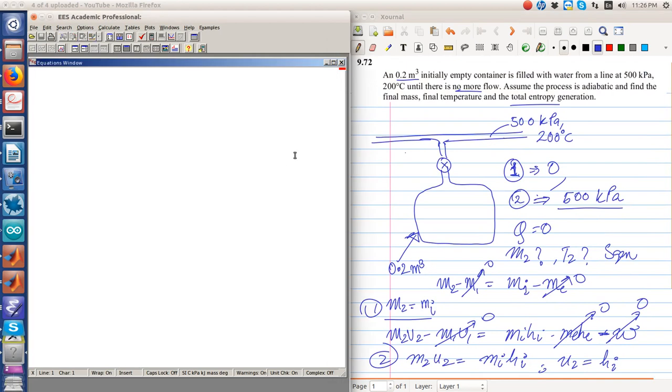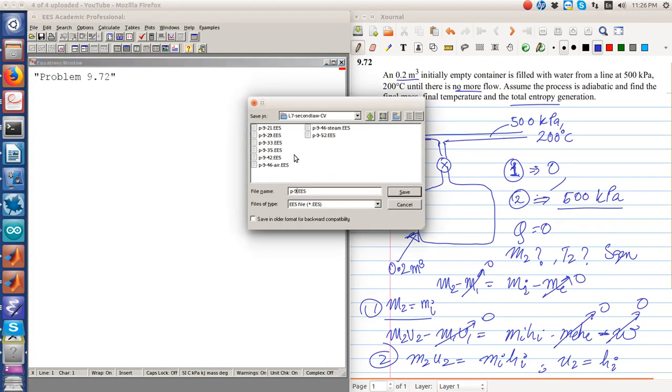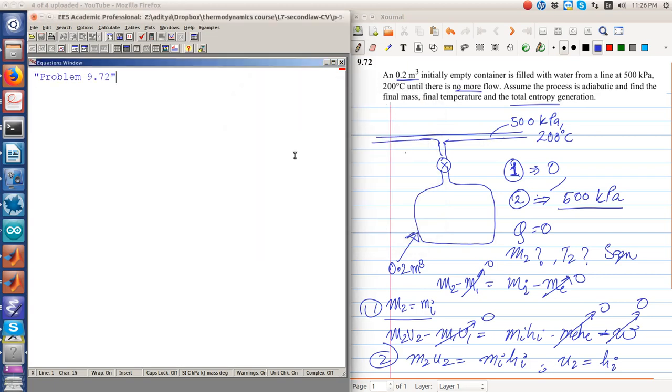So this is 9.72. State at the inlet, Pi equal to 500 kilopascal, Ti equal to 200 degrees Celsius.